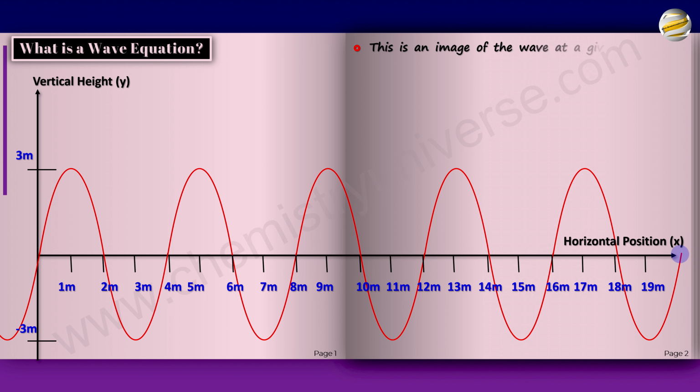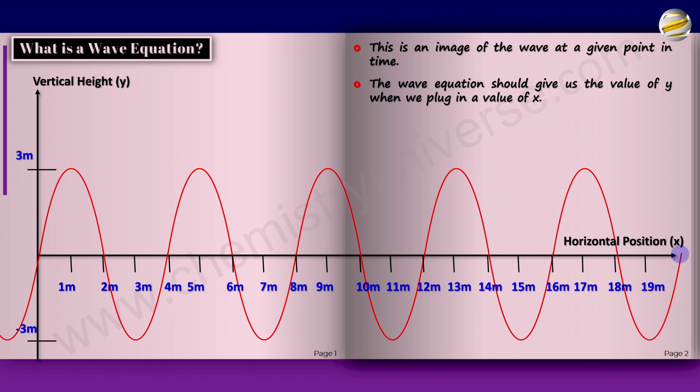So this is an image of the wave at a given point in time. And what is the wave equation supposed to give us? The wave equation is supposed to give us the value of y when we plug in a particular value of x. So y should be some function of x. Now here you will notice that this is actually a sine wave.